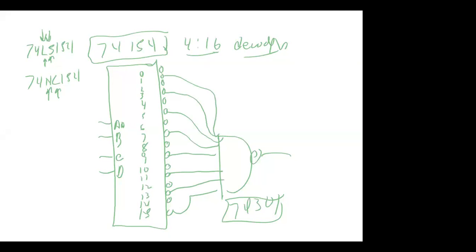So we're wiring up, I'm just going to list them out here: 1, 3, 5, 7, 9, 11, 13, and 15. Those are the terms that are being wired.